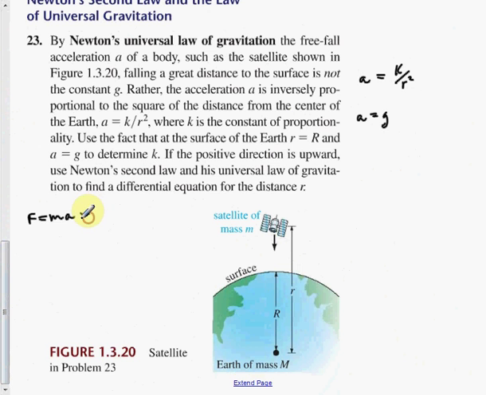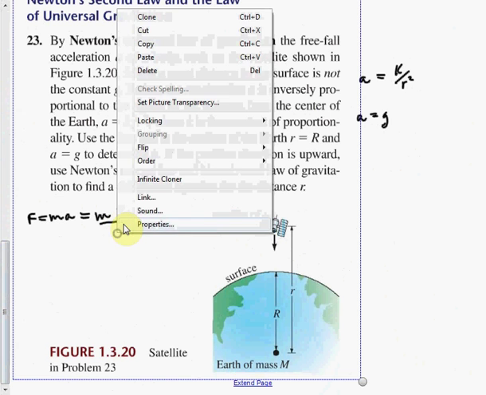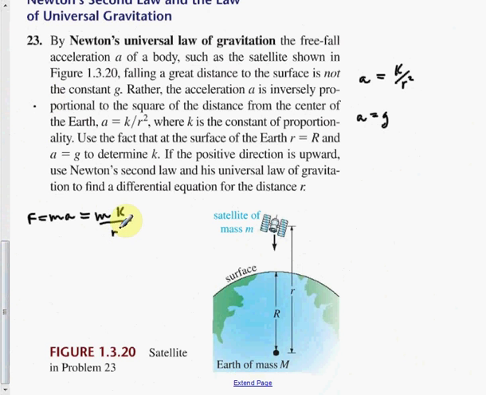So here we have the mass times the so-called A. But A here is said to be this constant k all over r squared, little r squared. But if this is the case, then we have k is equal to A times r squared.